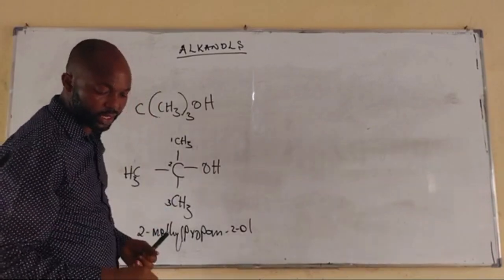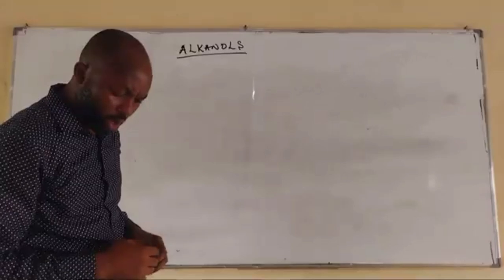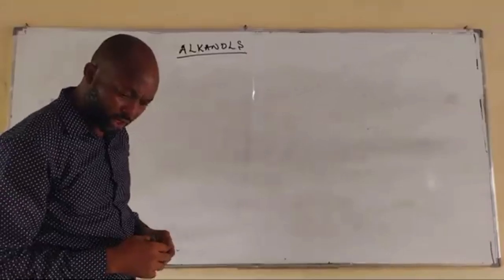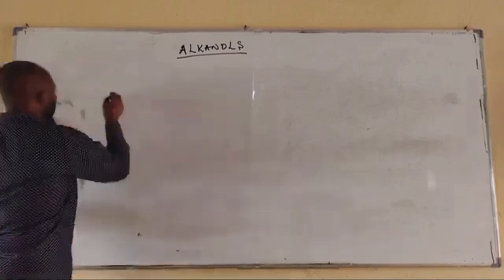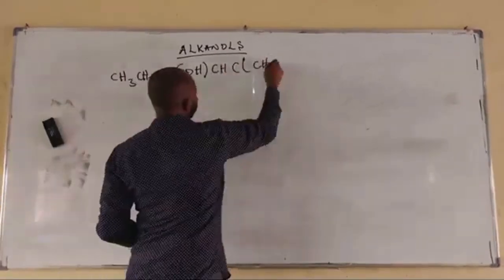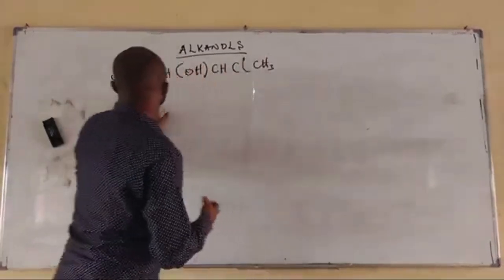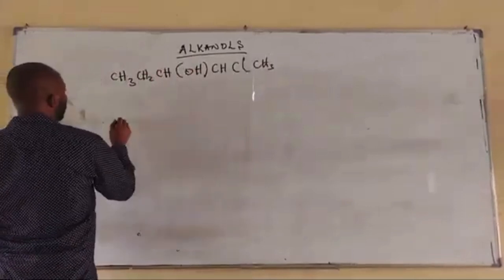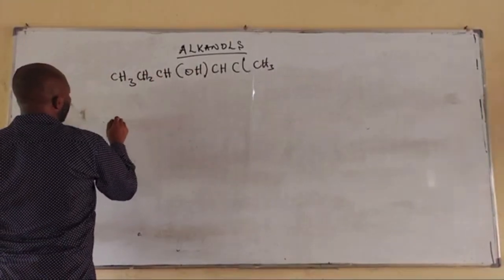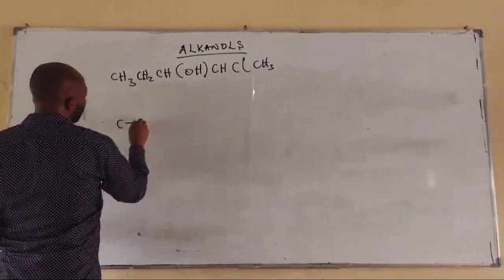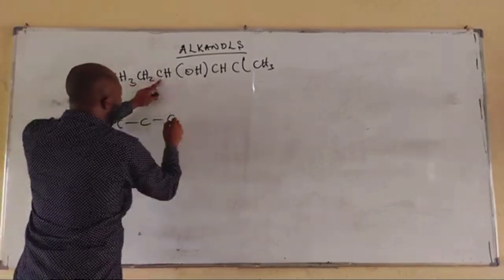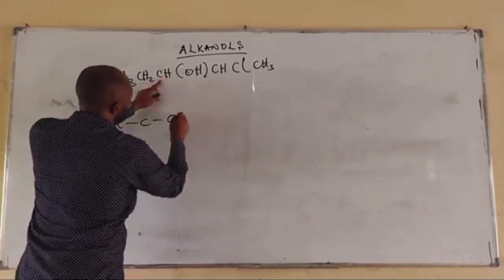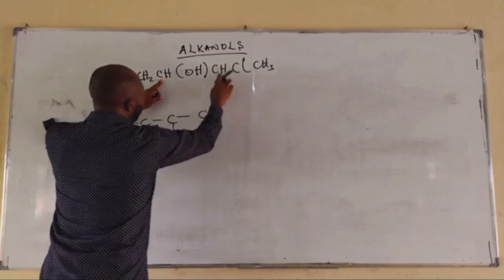Let's take another one, which is CH3, CH2. Now, this is it. Now, let's write our structure down. This C has hydrogen and OH, so this is my OH. I move to C, this one has hydrogen and chlorine.